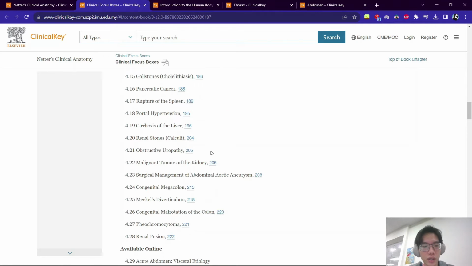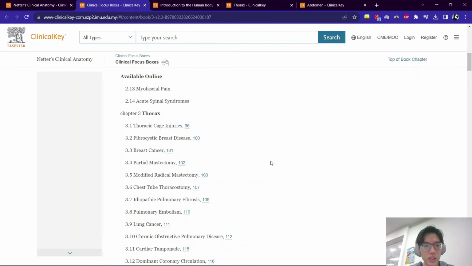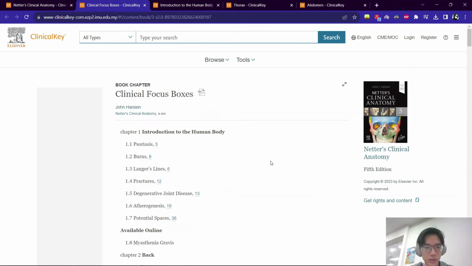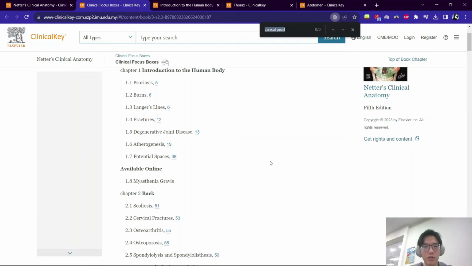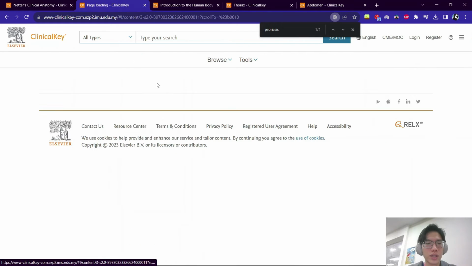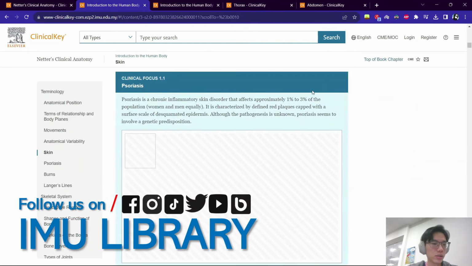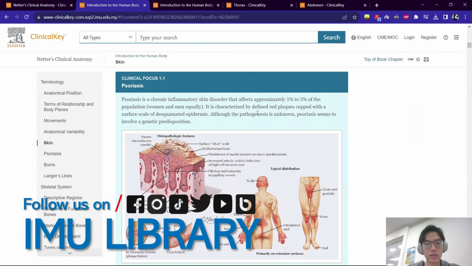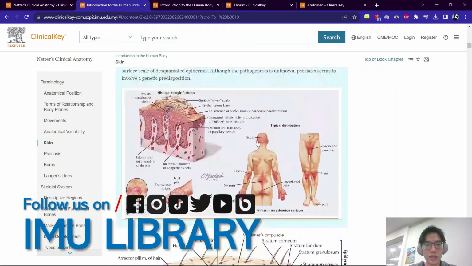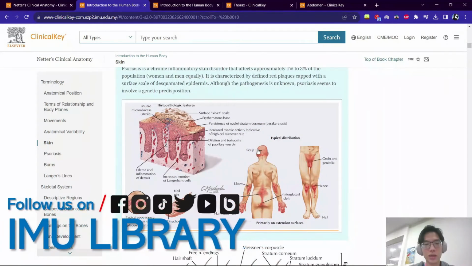So example, you want to search up, say, psoriasis, you can just Control F. And you can just go to the page which talks about psoriasis. Yeah, clinical focus. So you can easily and rapidly access information this way, and you don't have to go through every single chapter.